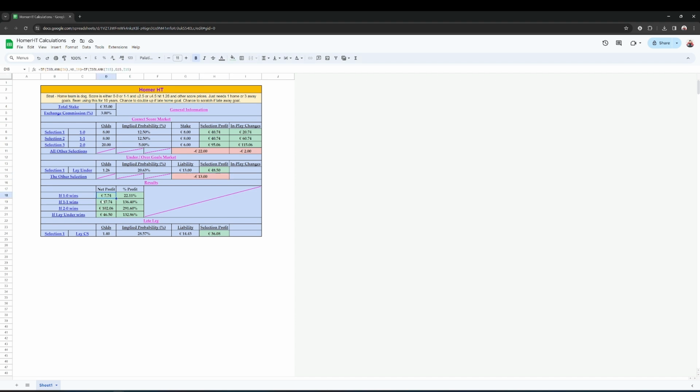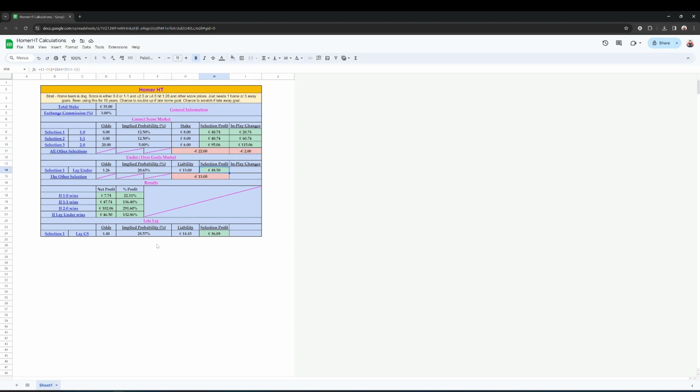But at the very same time, you can see how the profits increased, yeah? So my 1-1 profit increased, my 2-0 profit increased. And if you are wondering why this profit increased, well, simply because I've reduced the liability in this market to 2, yeah?